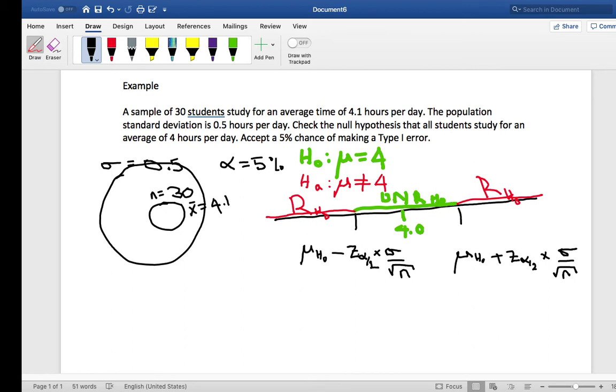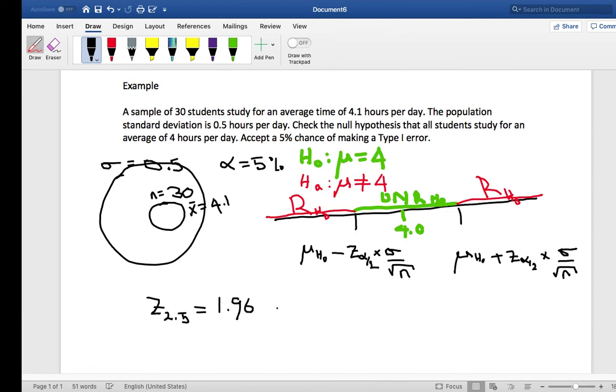Alpha is 5%, so that is Z of 2.5%. We already established this earlier when we were doing confidence intervals; that's approximately equal to 1.96.